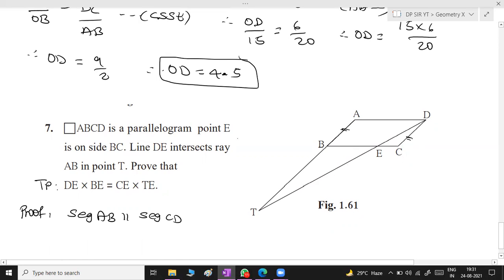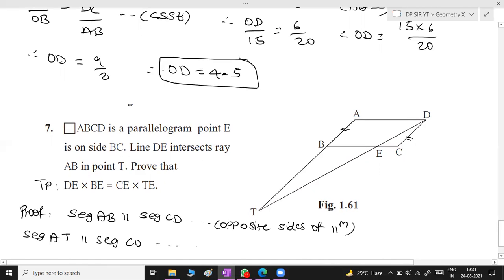So see, they have given me ABCD is a parallelogram, and these are the opposite sides of a parallelogram, which are always parallel. Opposite sides of parallelogram. Okay, that means that seg AT will be parallel to seg CD. मैंने थोड़ा उसको और अच्छे से लिखा.